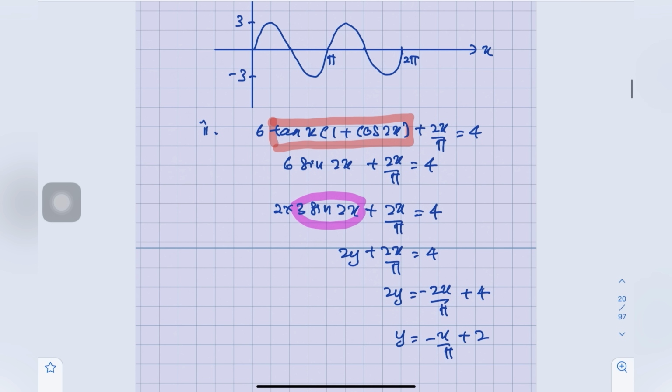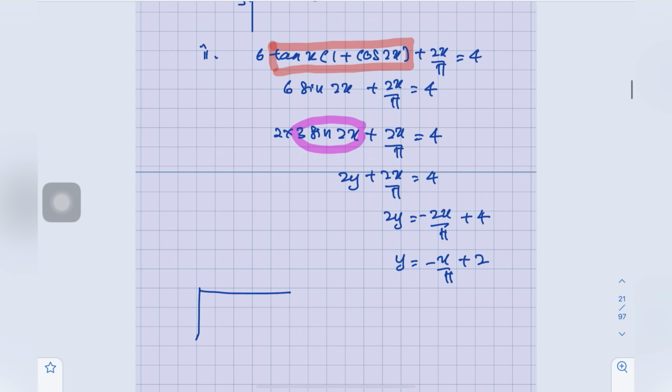So we draw the box here, x and y. x follows from the question, x from 0 to 2 pi. When x equals 0, y equals 0 over pi plus 2, so equals 2.